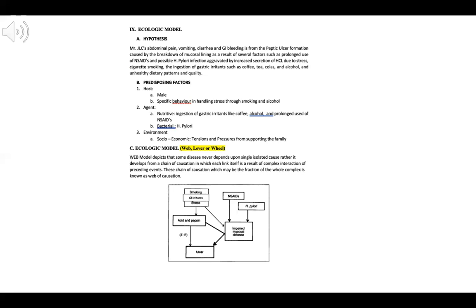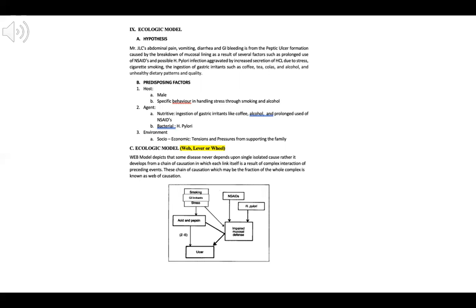which is an educated guess about the cause of the client's condition, followed by the predisposing factors, which list down all the possible causes of the health problem, and then followed by which ecologic model best illustrates the interaction of the host, the agent, and the environmental factors.